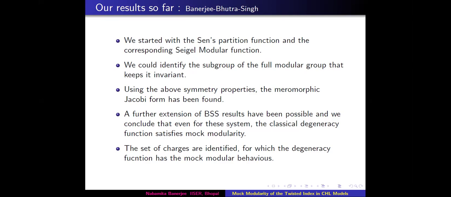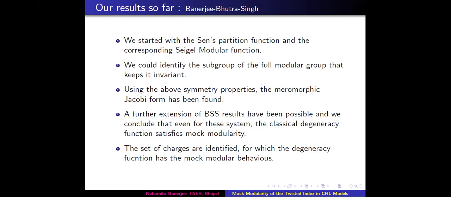Is it generic behavior or the failure of mock modularity? It is not failure. So for most charge vectors, mock modularity holds? Yes, for most of it holds. Okay, I should probably make the statement clear. DMZ said that when the electric charges are greater than magnetic charges, a certain kind of decomposition would hold for all such states.